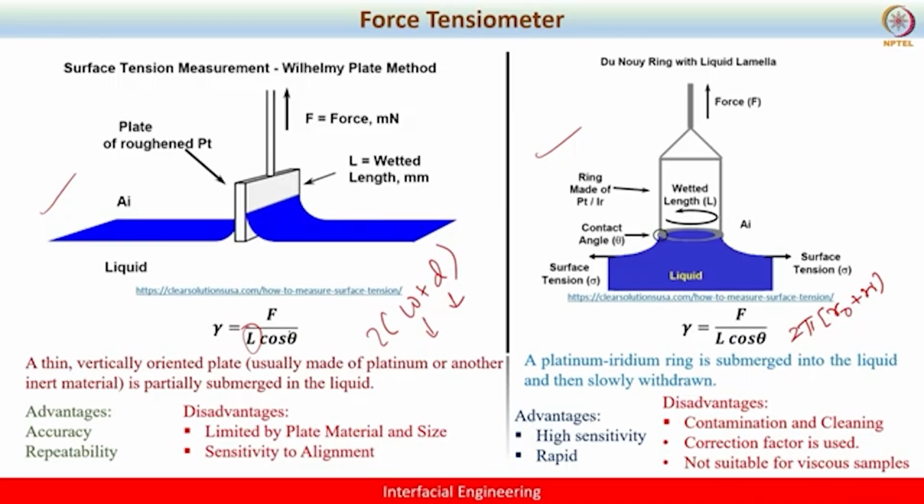Because we quite often use platinum metal or a special metal alloy to deal with theta, the contact angle, because contact angle is also a variable. When we use platinum or the special alloyed metal, the theta that it establishes with water is usually 0.